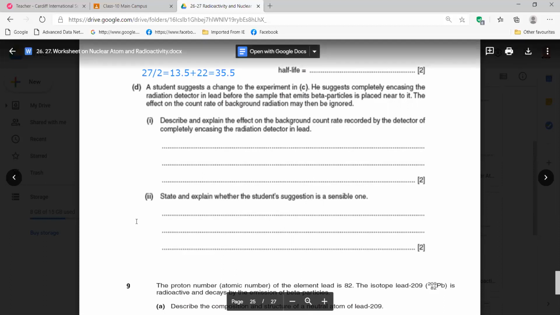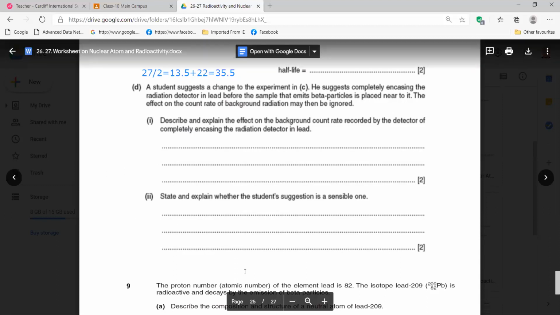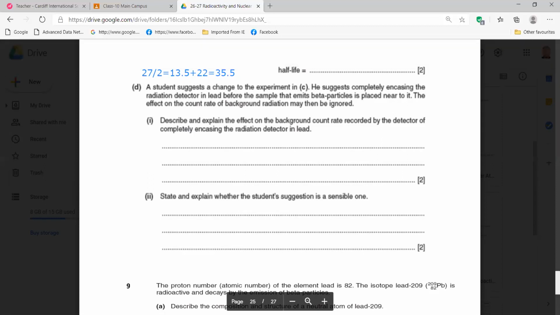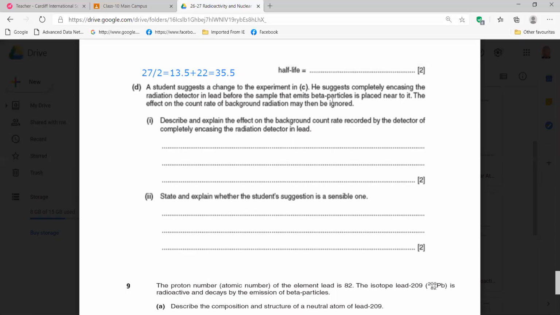So what you will see, what you will understand from here. Yeah, this one is a bit difficult question. I told you before that question number 8 is weird and difficult. You see here we have beta particles from the sample, but we are keeping the detector inside a lead box.